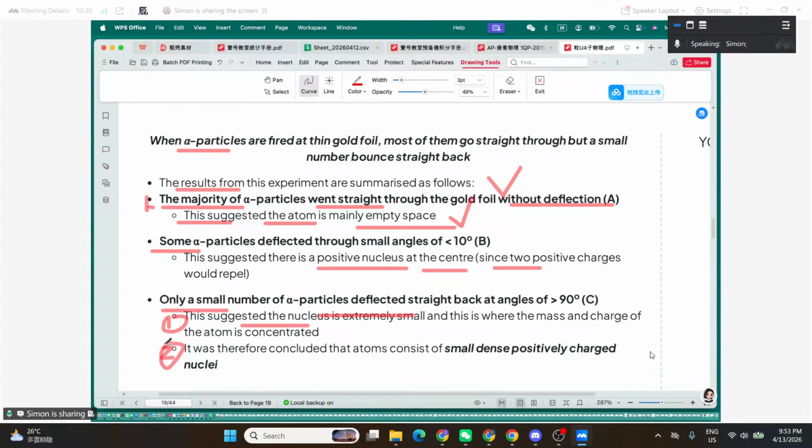And finally, if a small number of alpha particles are deflected back, like reflection, at an angle greater than 90 degrees, this suggests the nucleus is extremely small, dense and positively charged. Understand now?